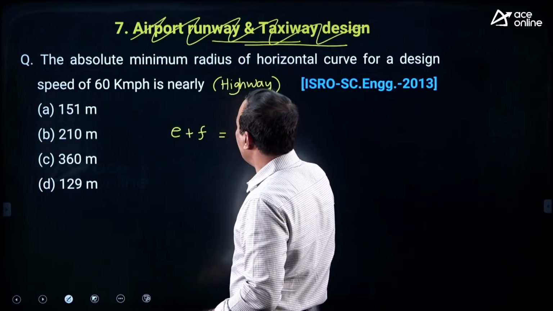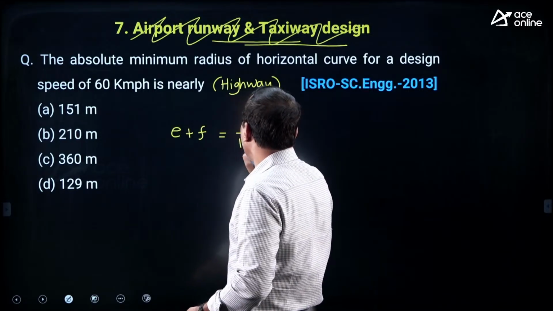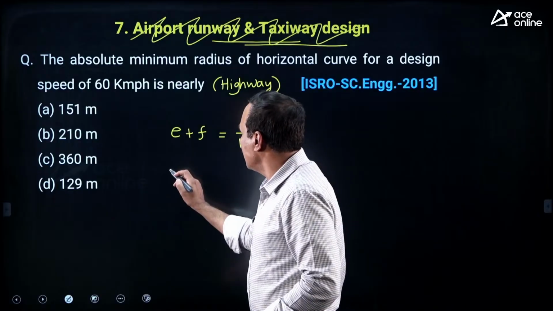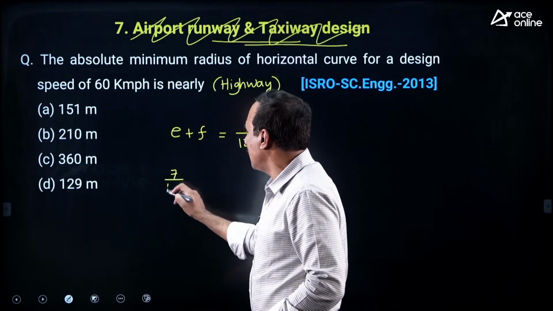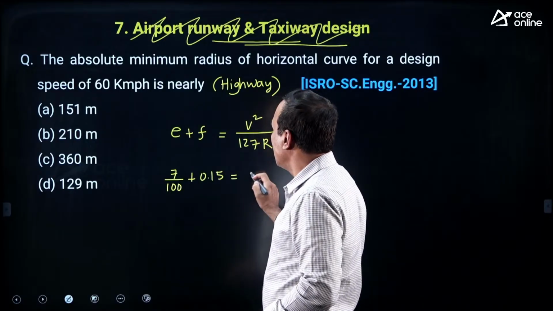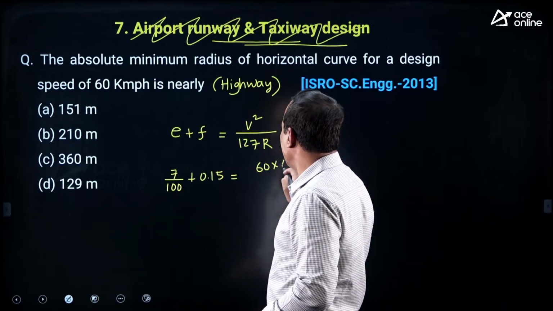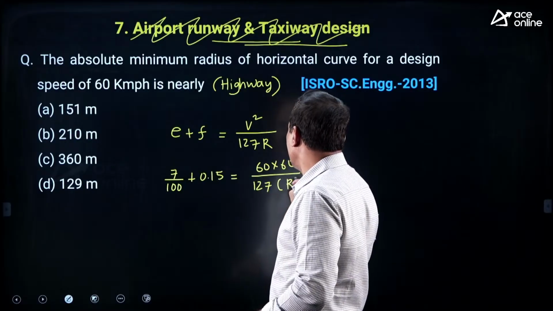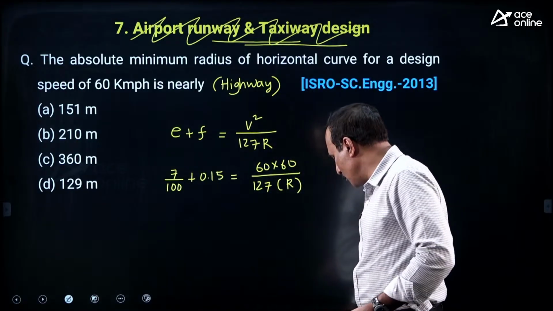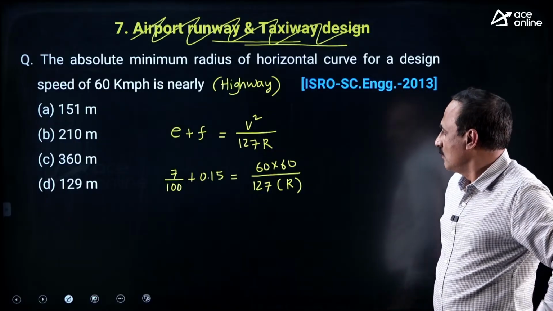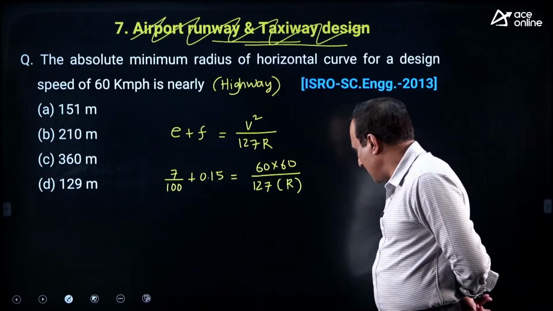E plus F is equal to V square by 127R, we will take it, a numerical question. E is 7%, we will take 7 by 100, friction 0.15 we will take in general, 60 into 60, 127 into R. Let us see how many of you give me the radius here. Try, Murli, and give me the answer.